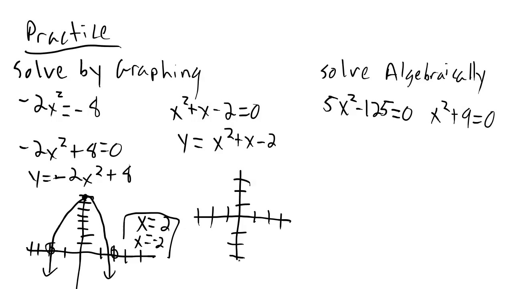We get something that looks like this, with an axis of symmetry here, and we should have values like that. So we get that our solutions are the x-intercepts: x is equal to negative 1 and x is equal to positive 2.